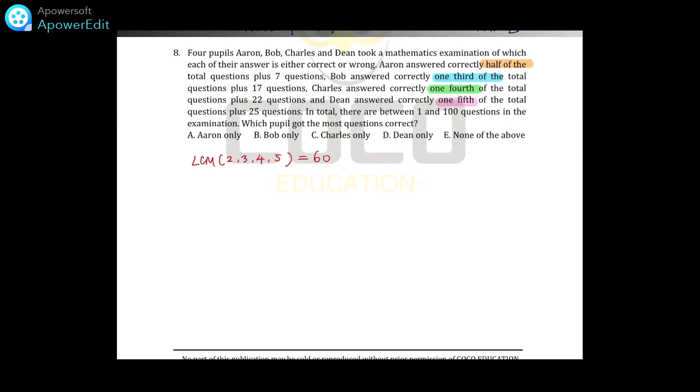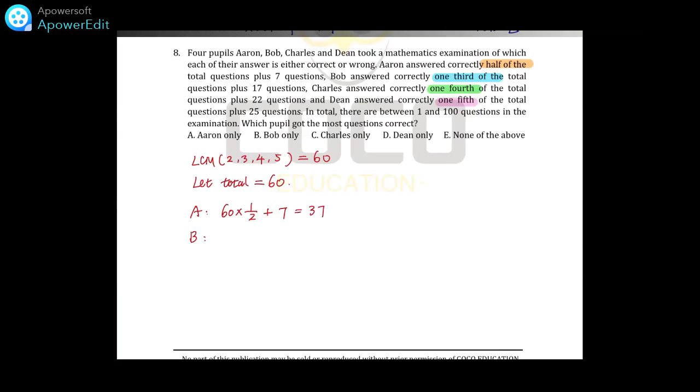Okay, we had to find a number that's divisible by 2, 3, 4, and 5 at the same time. So we let the total number of questions be 60. Then we find the number of questions answered by these students. First, Aaron: 60 times half plus another 7 questions, so 37 questions in total.